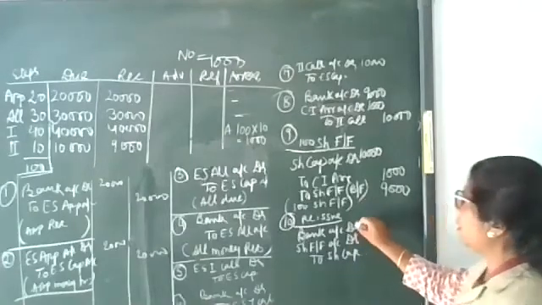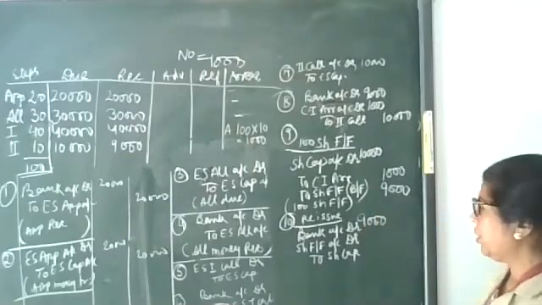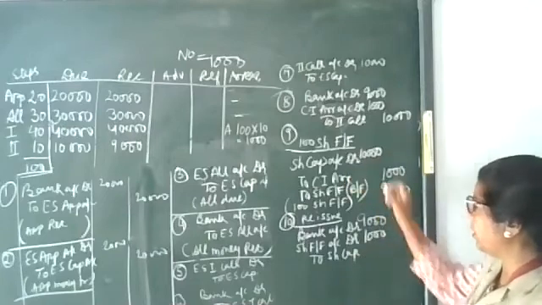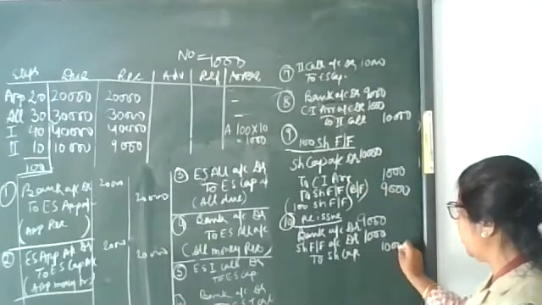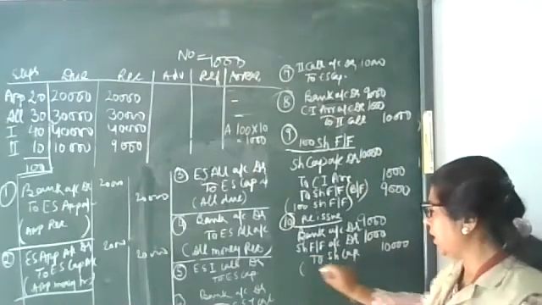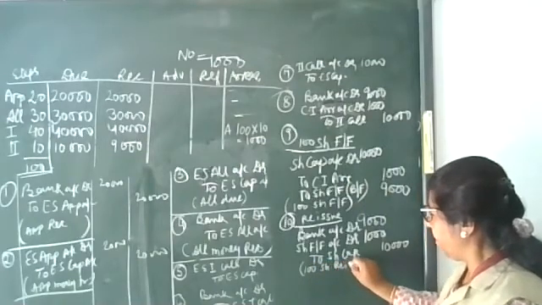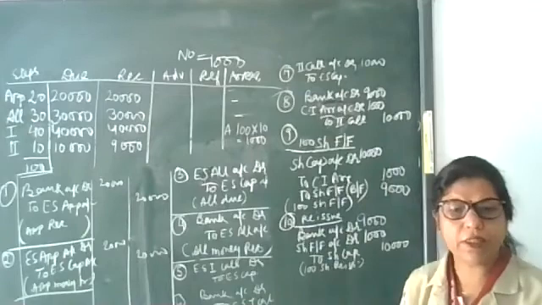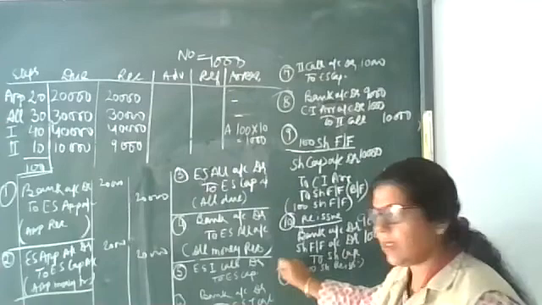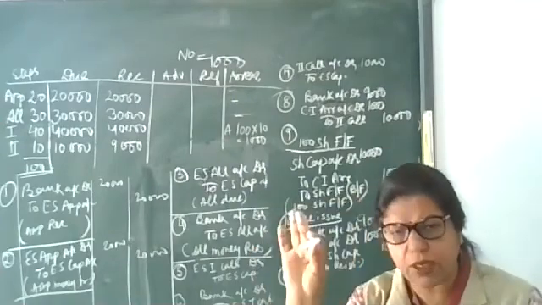So 100 into 90 is 9,000. Share forfeiture balancing figure, and share capital is 10,000. Okay, narration, 100 shares reissued. Now the last entry, that is the 11th entry, is fixed.